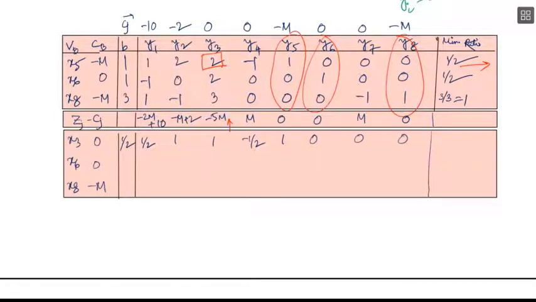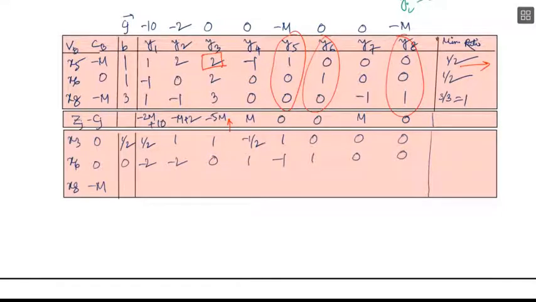Then our aim will be to make the elements below the key element 0. So we just subtract the first row from the second row of the first table to get the 2 below the key element as 0, as 0, minus 2, minus 2, 0, 1, minus 1, 1, 0, 0.